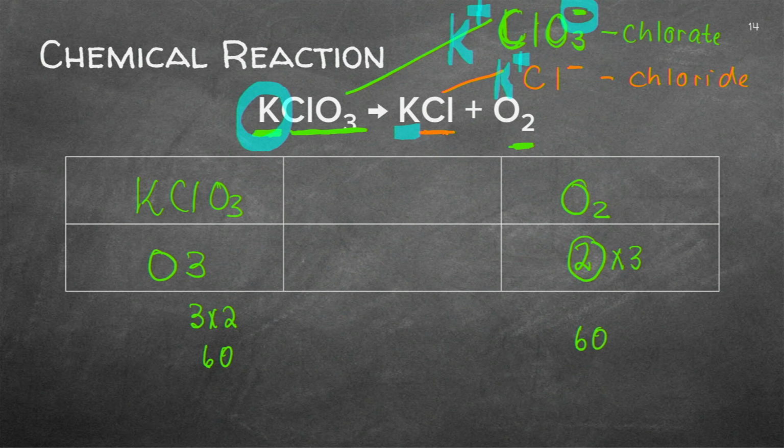So what does that mean? It means I added that. I've got 3 oxygen molecules if I have 2 potassium chlorate going in. And the only other substance that I've got to balance now is the potassium and chloride, and that will be 2. So you have to balance your equation.